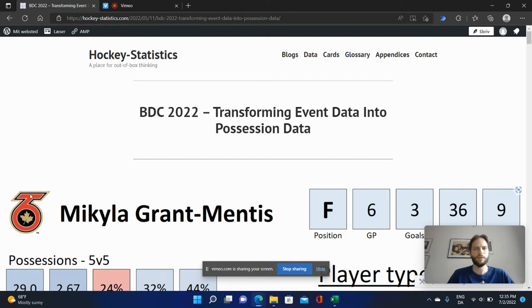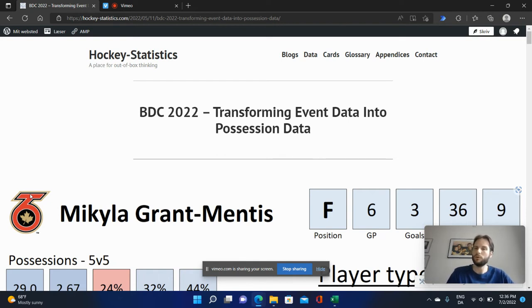So the project is quite simple, actually. At least the idea behind it is very, very simple. I just wanted to transform the event data into possession data. The event data is from Stathleads, and it's from the 2021 NWHL season. You can transform that data into possession data because it's as detailed as it is.